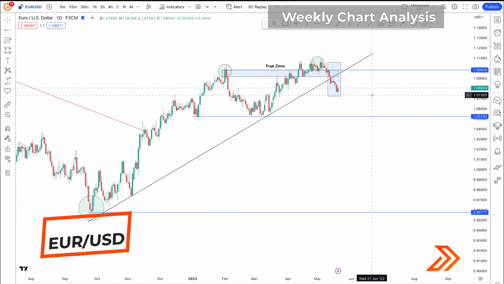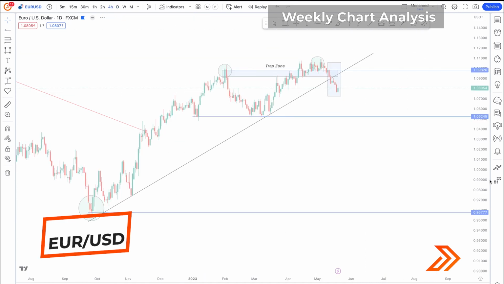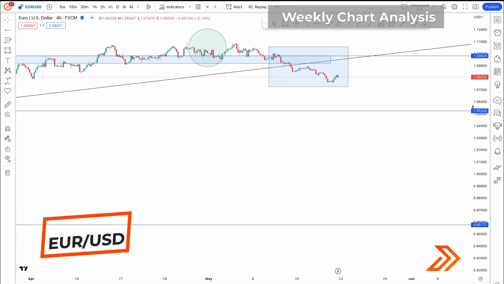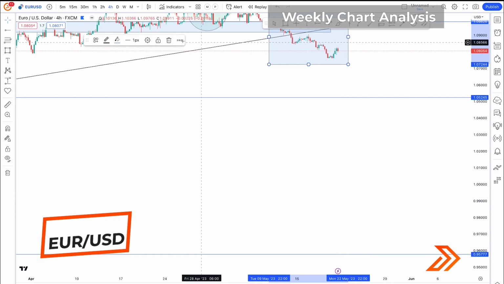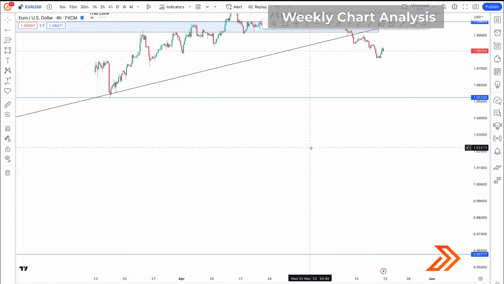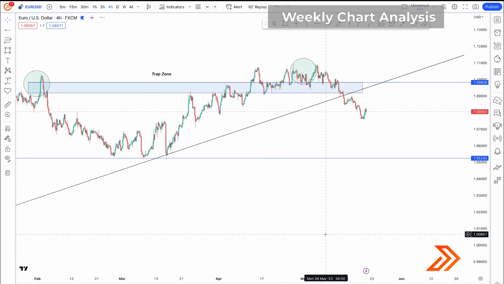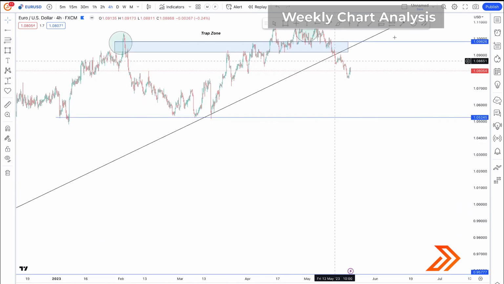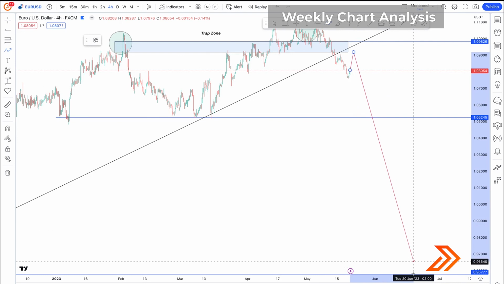If I'm looking at entry on EUR/USD, let's go to the 4 hours. On the 4 hours, I should be looking for price probably going back to this top here and then dropping.